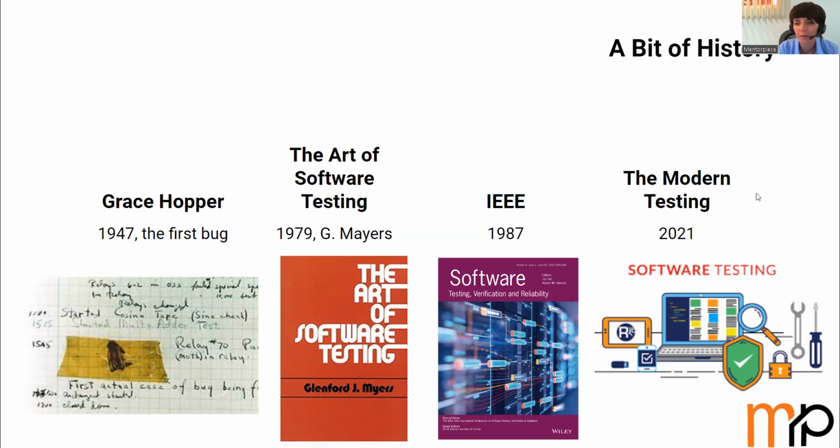And about modern testing, what can I say about testing currently? Now testing is a huge profession that has a lot of branches. We have automation, manual testing, functional testing, performance testing, pen testing and so on. So now this is a profession that is divided into different small branches.